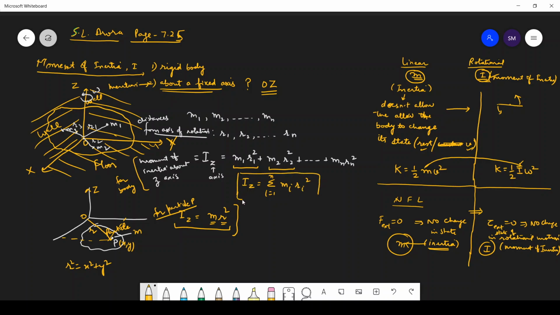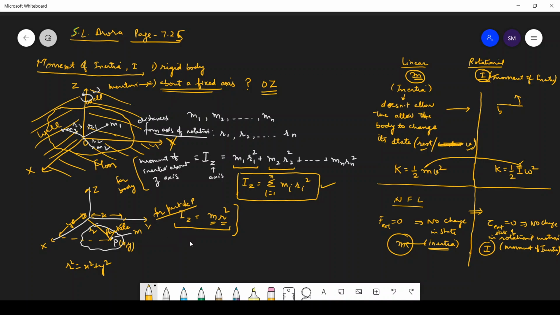So this is what your moment of inertia of the rigid body is, and this is for the particle, and its coordinates I told you x, y. If this is your y-axis and this is your x-axis, this distance is x and this distance is y, from here to here.